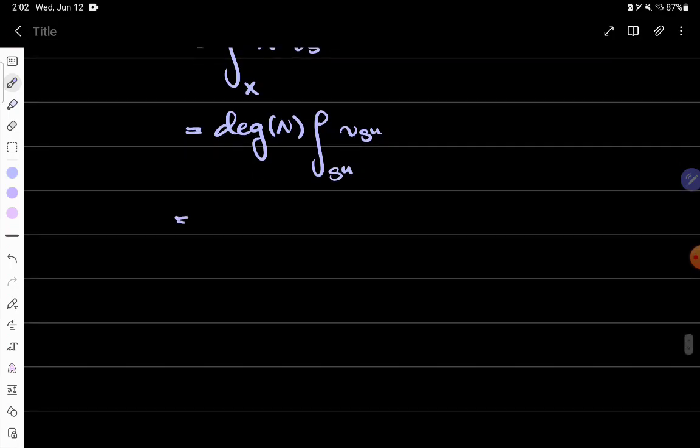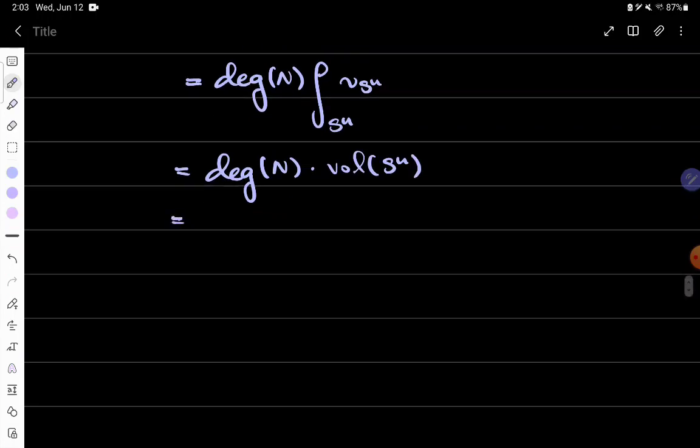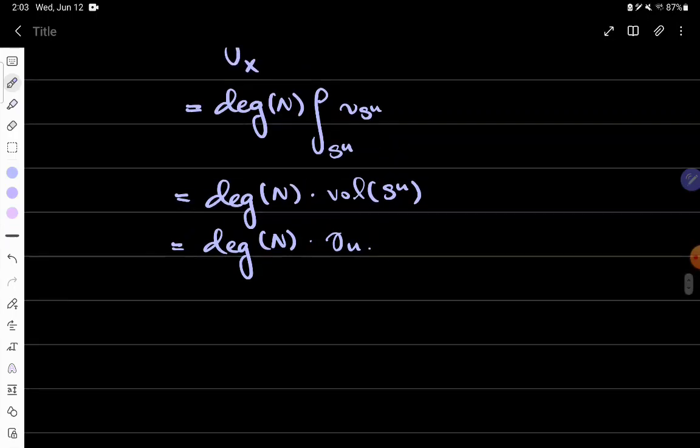But now recall that we defined the volume of a manifold to be the integral of this volume form. So this is the volume of Sn, but in our notation, this is just gamma n.